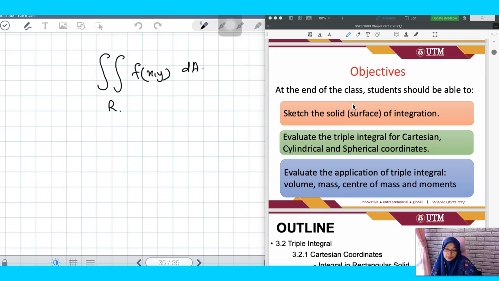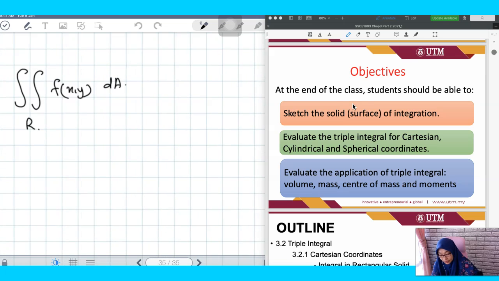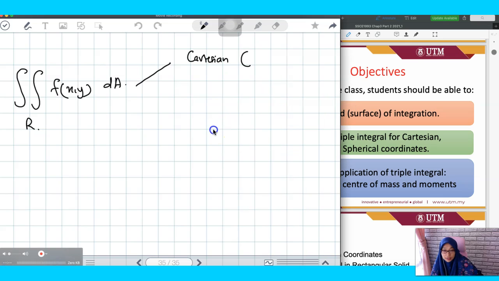For the double integral, we considered two different coordinate systems. First, the Cartesian or rectangular coordinate system, where your variables are x, y.